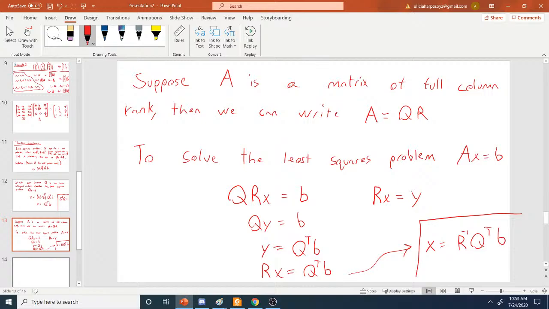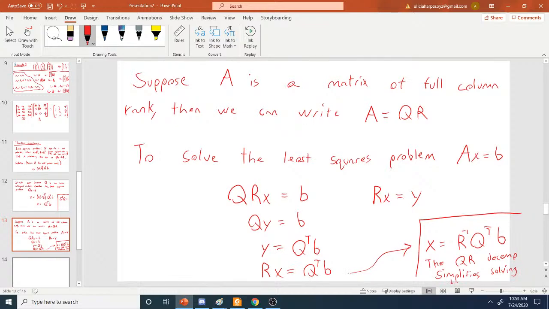So the QR decomposition simplifies solving least squares problems.